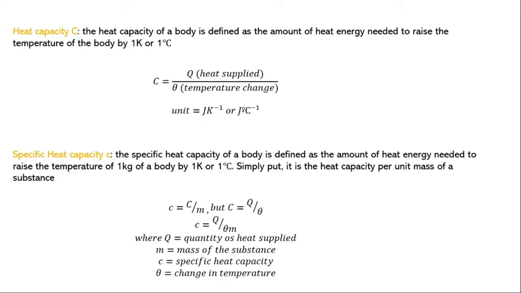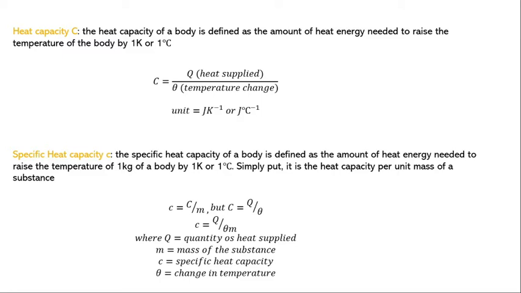Now we have something else we call the specific heat capacity, denoted by small c. The specific heat capacity of a body is defined as the amount of heat energy needed to raise the temperature of 1 kilogram of the body by 1 Kelvin or 1 degree Celsius.